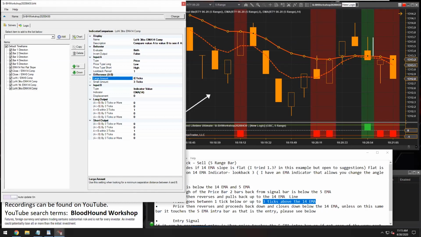What I'm going to do is remove the distance requirements like so. Let me set these outputs, and I'll get back to this and explain this in just a moment.